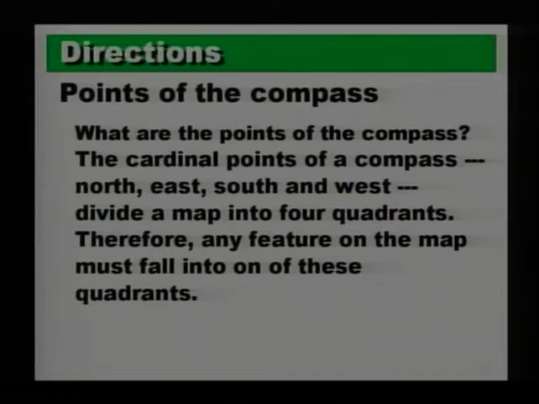Looking at the points of a compass, dealing with directions, there are 4 main cardinal points of a compass. And those main cardinal points are the north direction. If we have to put that up on the board, we have the north direction. That is 1 cardinal point of a compass.